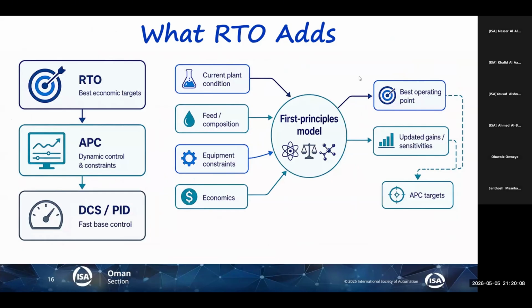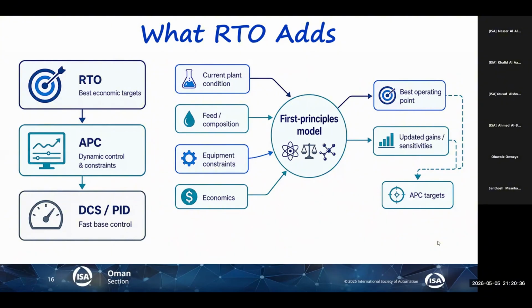APC is the driver. It will solve the steady state problems or the steady state optimization and the dynamic optimization. It is the driver, but it needs the navigation. APC would move the plant dynamically, safely. RTO updates the destination all the time. Google is telling you where to head.